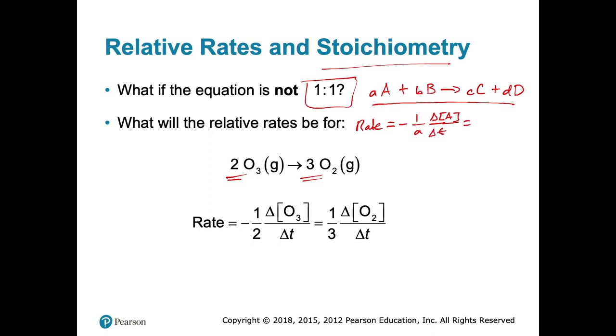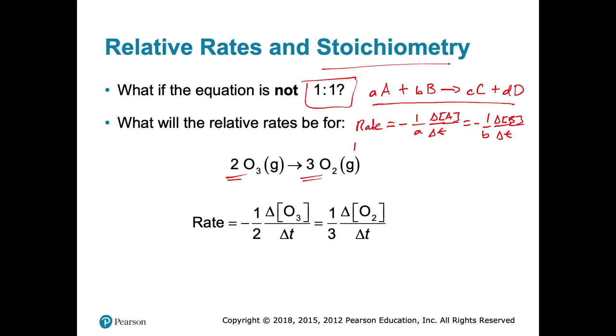And that also equals negative 1 over little b times the change in concentration of big B divided by the change in time.